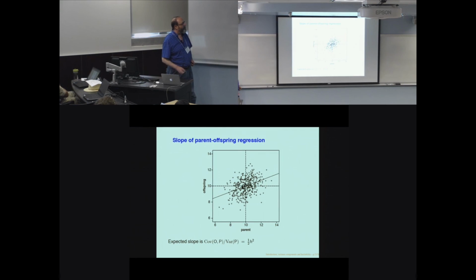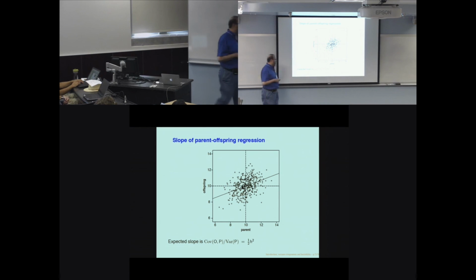So here is a slope. I am going to finish up before we get to the end of the half hour. Here are two normally distributed traits that have a certain additive genetic variance.